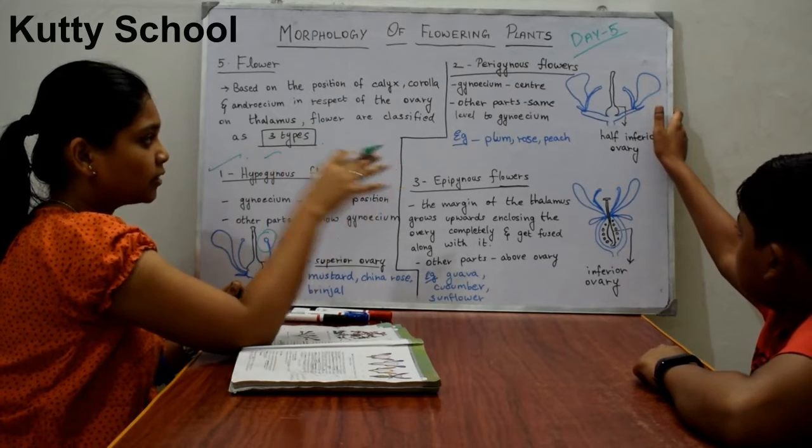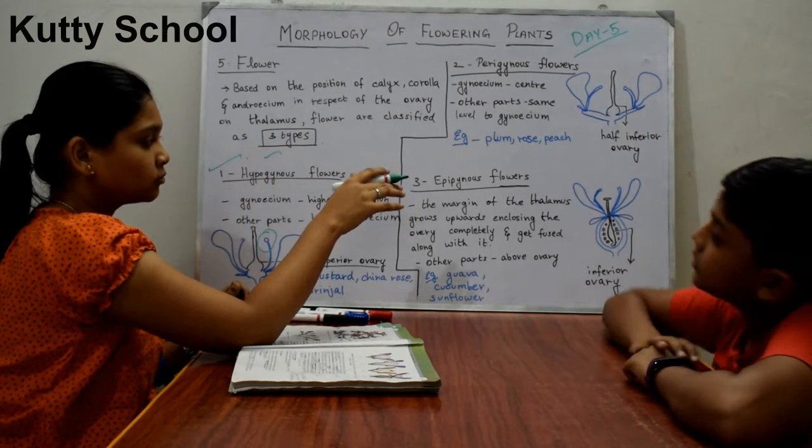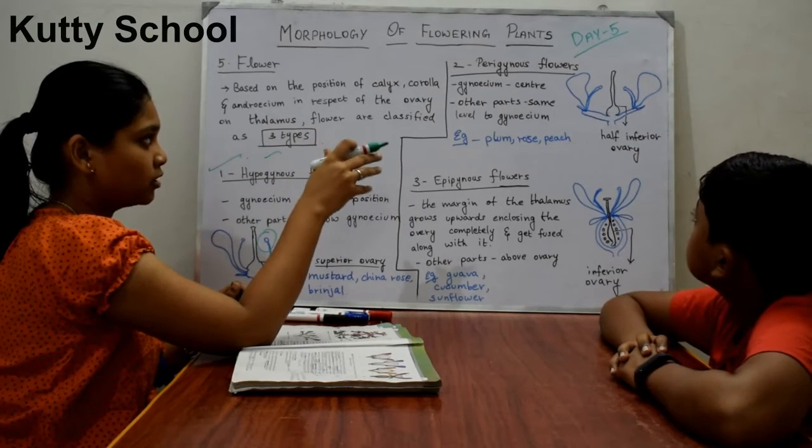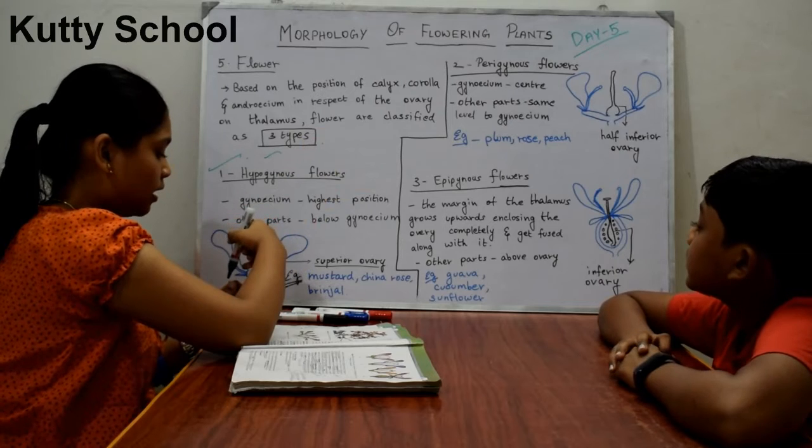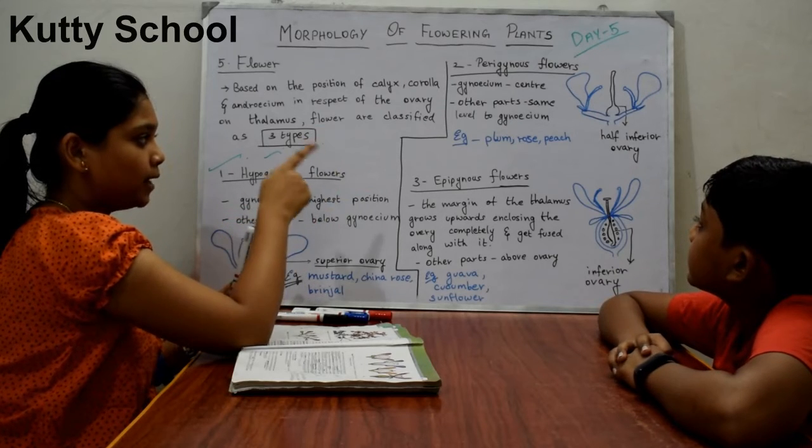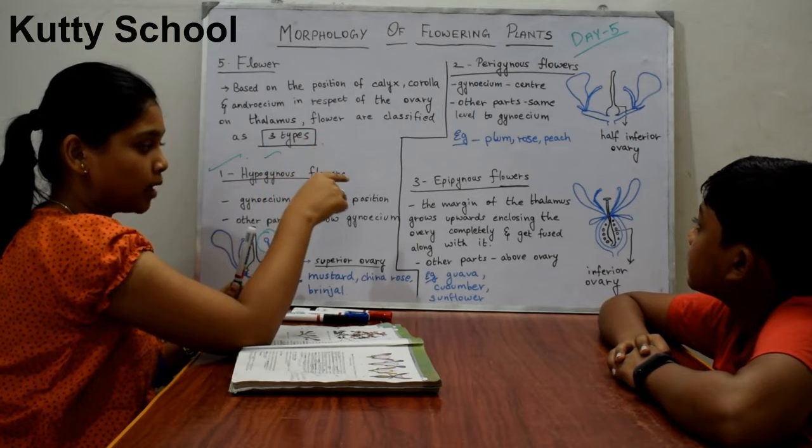All of the whorls are at the same level. This kind of flower is known as perigynous flowers. Examples are plum, rose and peach.